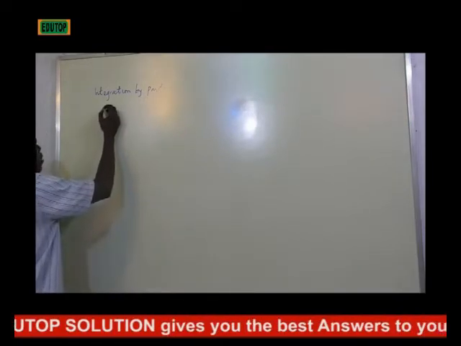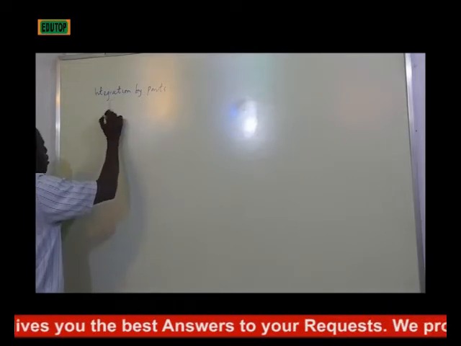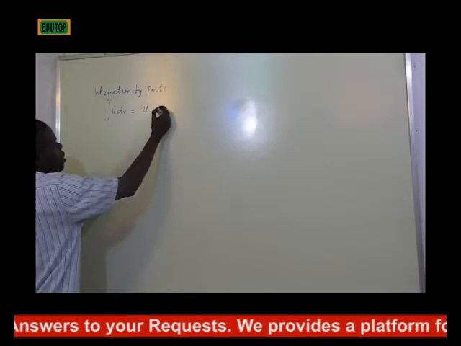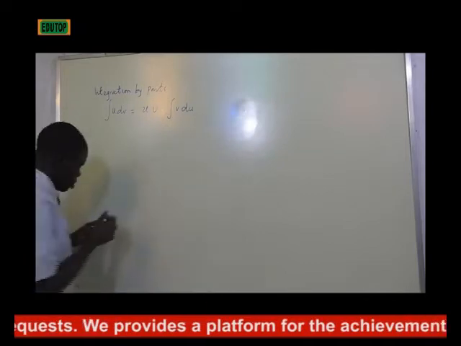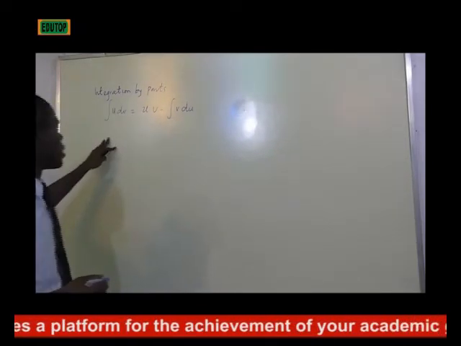There is a formula for integration by parts, and it is the integral of u dv equals uv minus the integral of v du. This formula is very important.